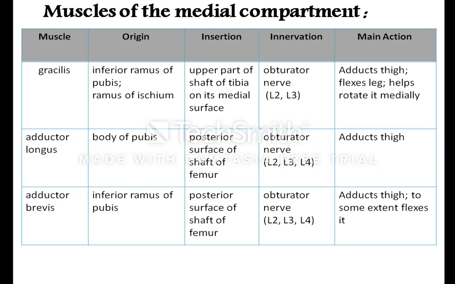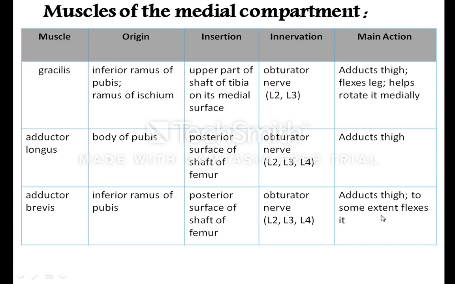So the muscles of our medial compartment, the main action is adduction of the thigh, and also the gracilis helps in flexion and medial rotation.